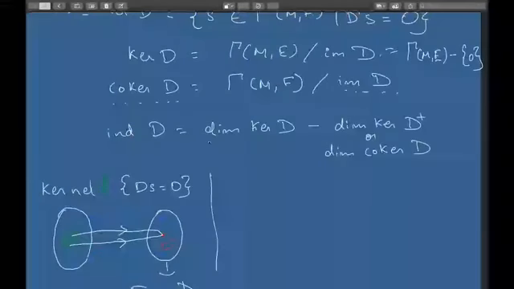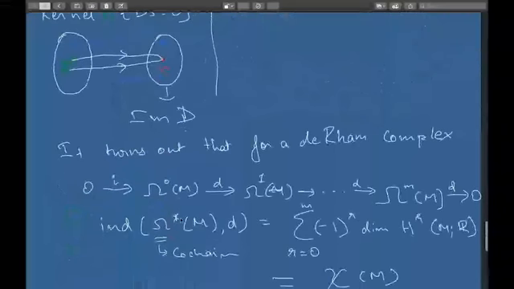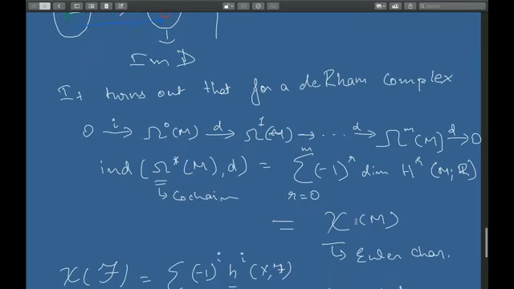The left hand side here, the index, is the purely analytical quantity, but the right hand side is the purely topological quantity. This correlation is what is of particular interest in the index theorem, and you have better ideas on how to solve a differential equation, and basically that's essentially it, right?